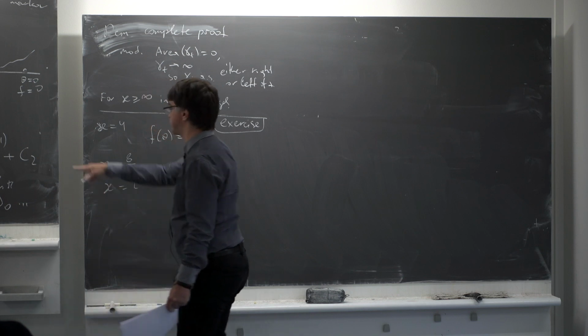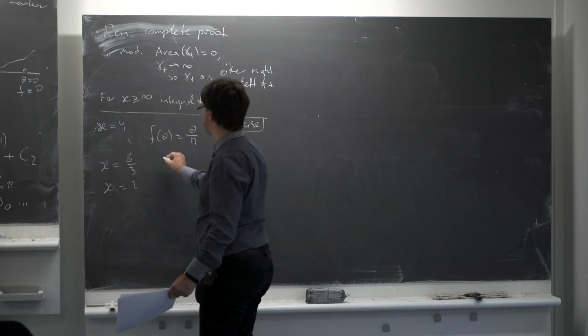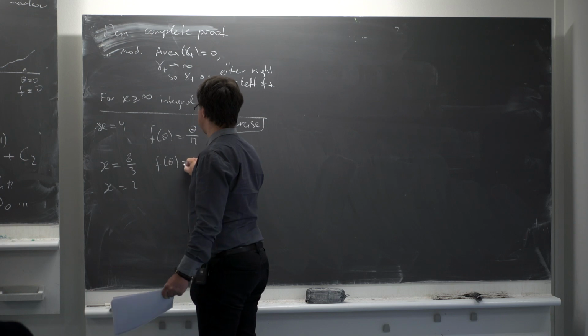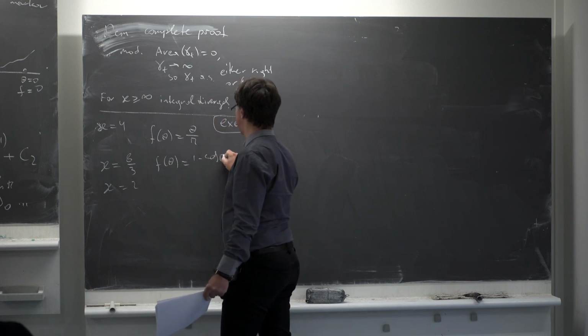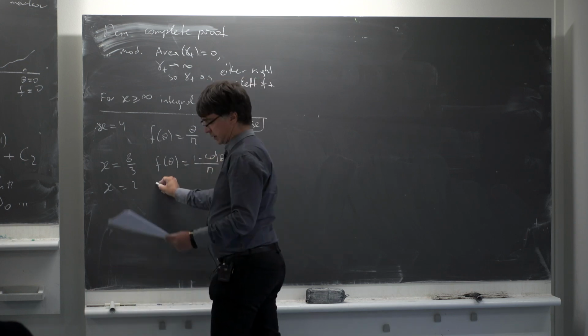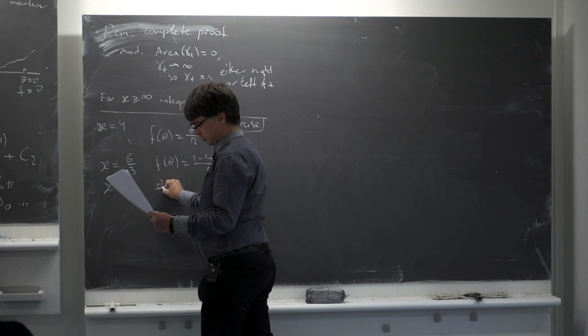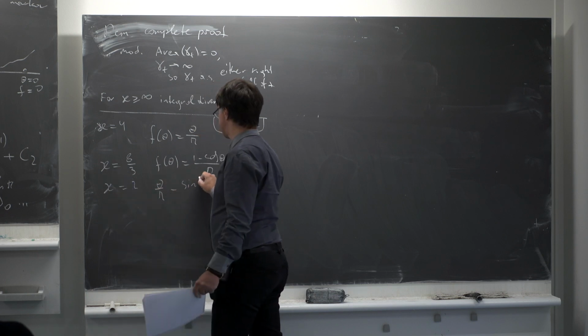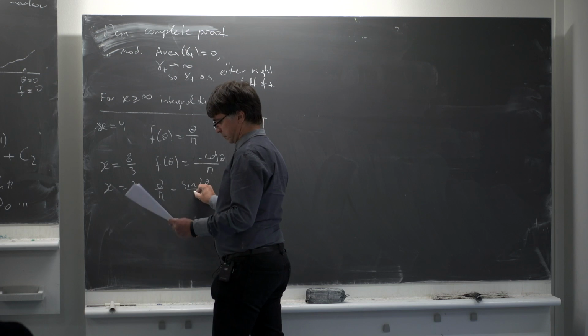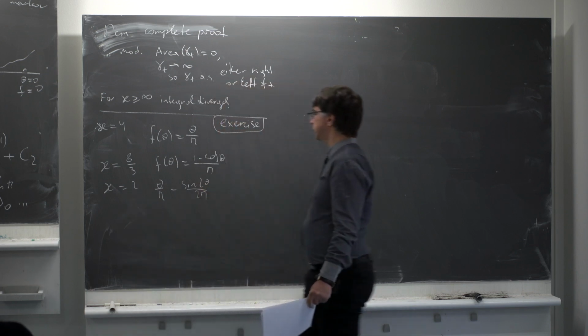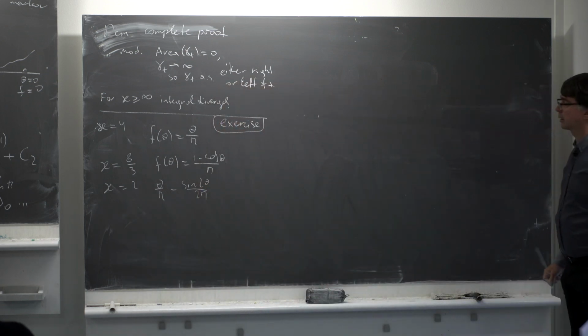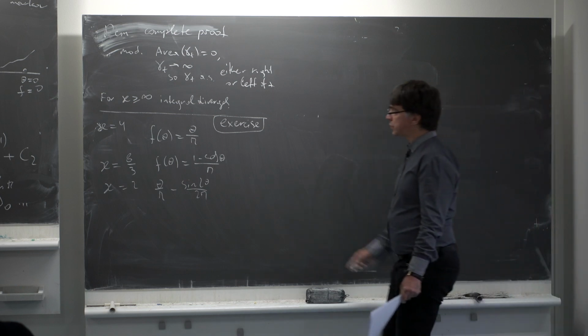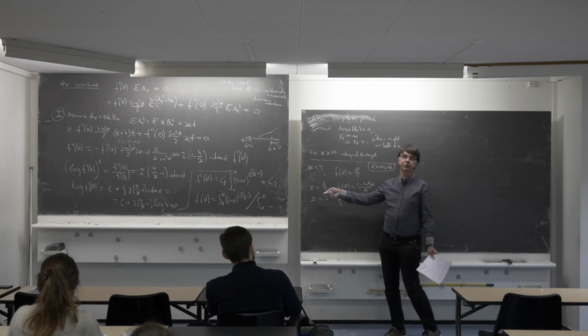You get nice formulas because you get nice powers, so it's 1 minus cosine theta over pi, and here it's theta over pi minus sine twice theta over 2 pi. So this is a very nice formula, and this is a very nice value of kappa.